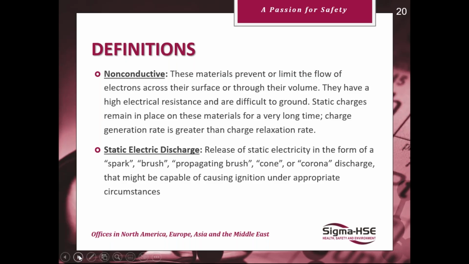So even if you connect an earth to them, you can't ground them because they cannot transfer the flow of electrons across their surface or through them. Static charges remain in place on these materials for a very long time. Charge generation in this case is greater than charge relaxation.